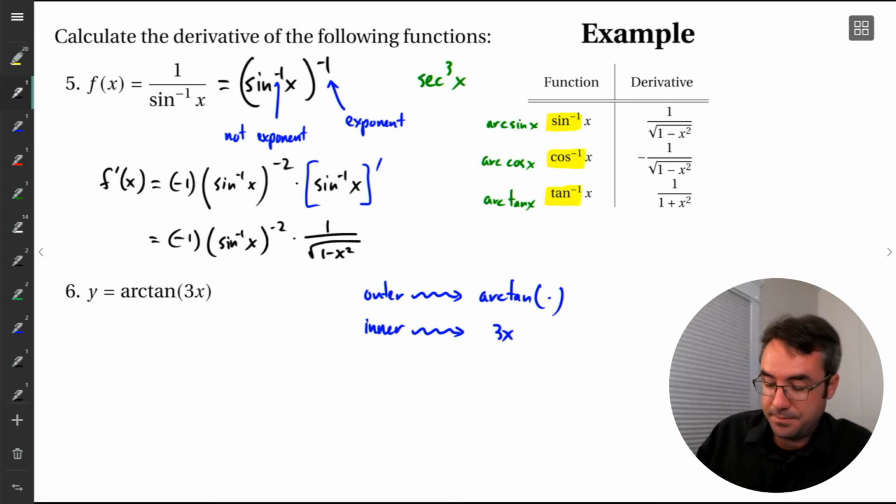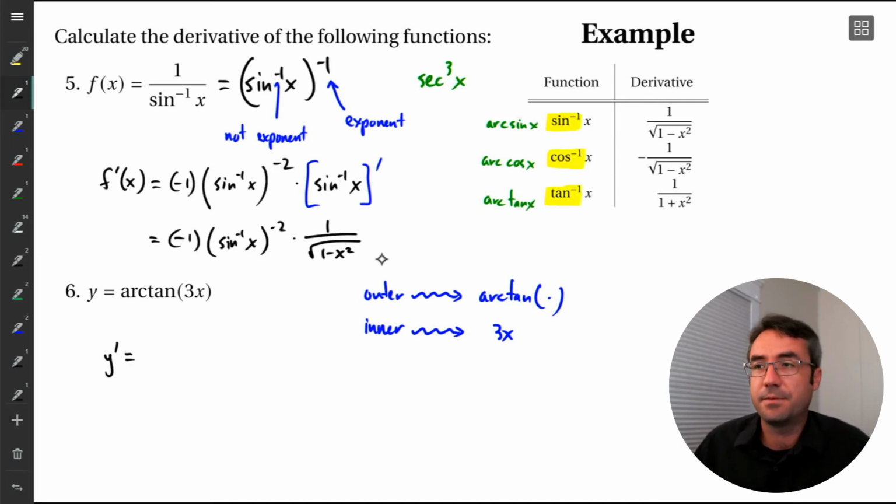Let's differentiate. What's the derivative of arctan? It's 1 over 1 plus x squared. So whatever your inner piece is, it's 1 over 1 plus that squared.